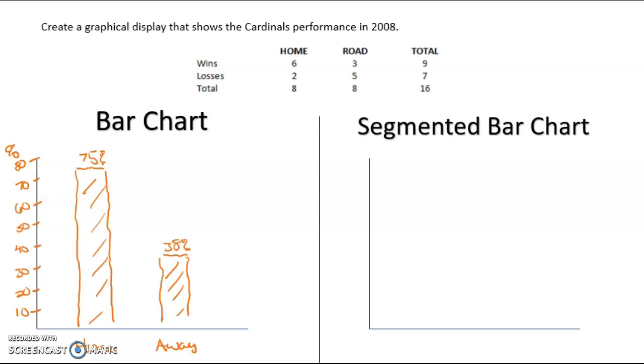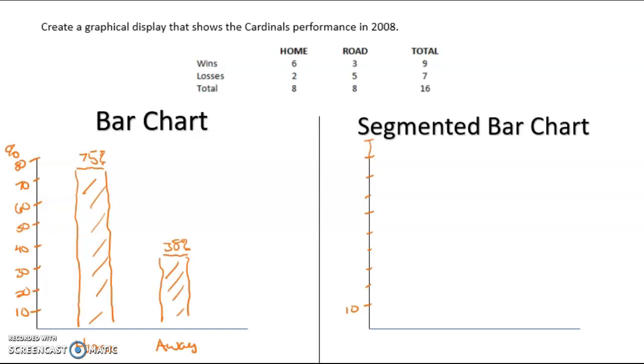Now, for the segmented bar chart, I want to think about this a little bit more. We can put wins and losses together in one bar, and we can just do the percents. So here we go: 10, 20, 30, 40, 60, 70, 80, 90, 100.